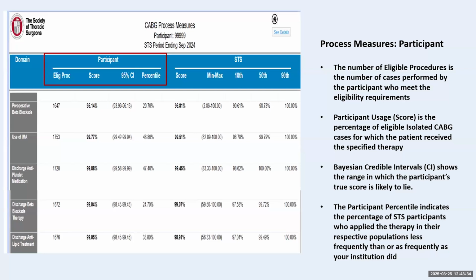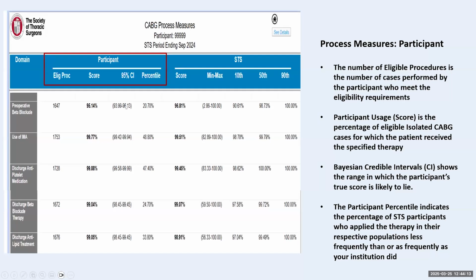The report is laid out very similar to what we just looked at. You can see that you have the participant here. That's you. You've got your eligible procedures. So those are the number of cases performed by the participant that meets eligibility. This is your score, 95.14. So that's the percentage of eligible isolated cases for which the patient received the specified therapy.